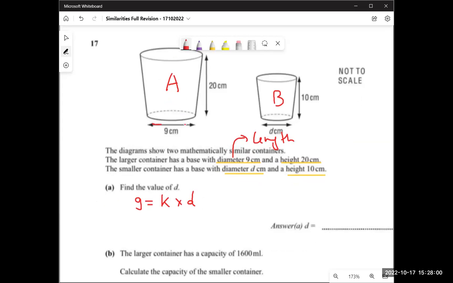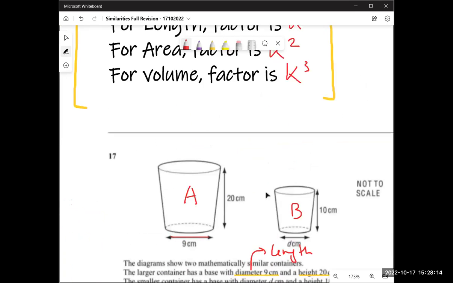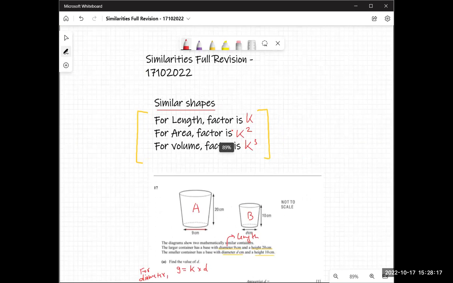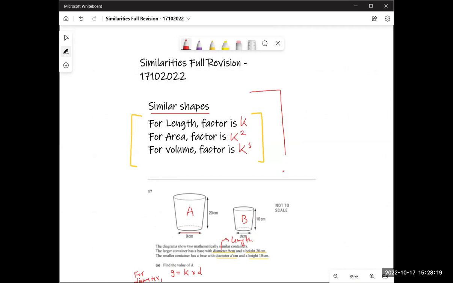Diameter, right? We're taking the diameter. So for diameter, 9 is equal to k into d. All we're doing is taking the bigger one, which is 9, equal to k times the smaller one. k is the factor for length. Now Diana and Lula, write this in your notebook.